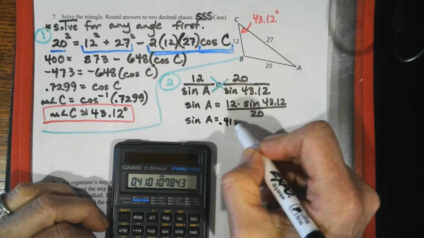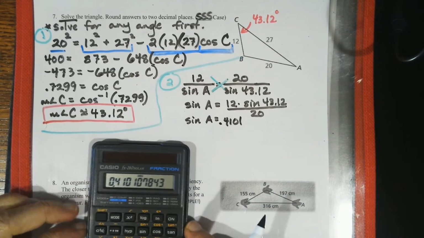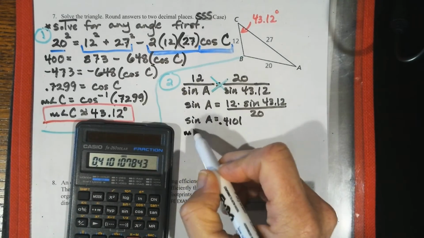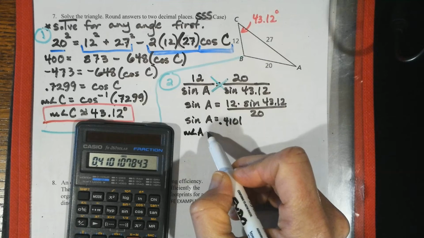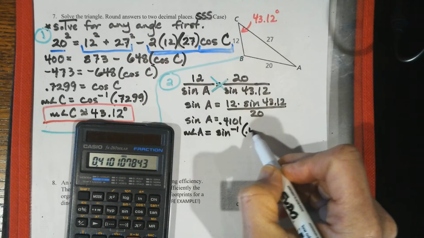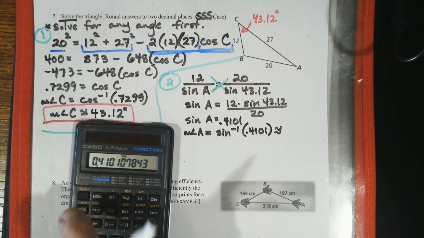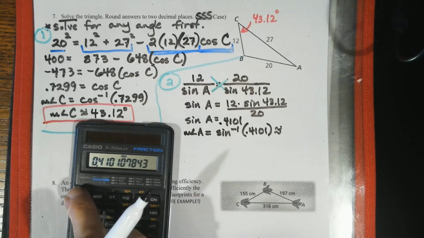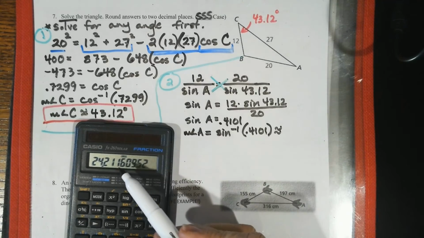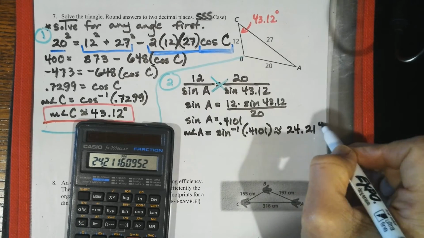0.4101 approximately, which means now that I have the ratio and I want the angle, this is when I use my inverse. So the measure of angle A is equal to the sine inverse of 0.4101, which is approximately, so when I have it like this, I can just go straight to the shift, press the sine, and it gives me 24.21. 24.21 degrees.